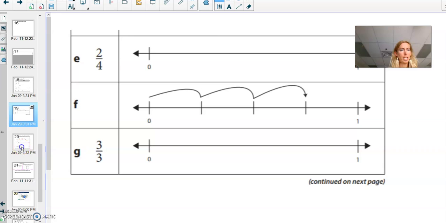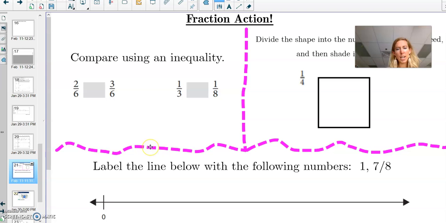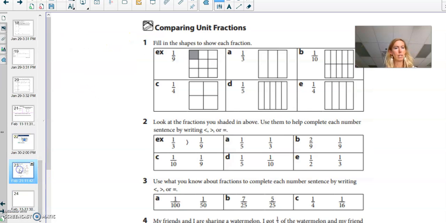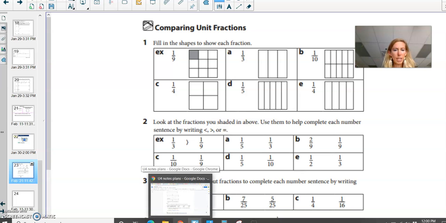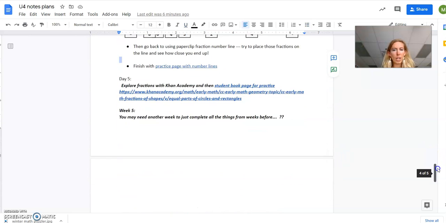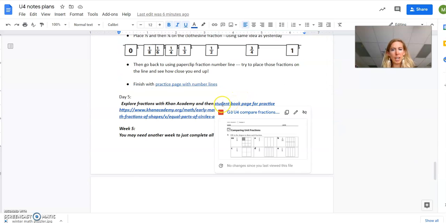There's the rest of that page, more practice, and then you have another day of more warm-up, and then a Khan Academy video and practicing some of that on the Chromebook if you would like. Okay. There is a comparing unit fractions student book page that could also be good. So if you look in the notes again, I do have practice pages with number lines, and then I have just more Khan Academy stuff, student book pages right there.